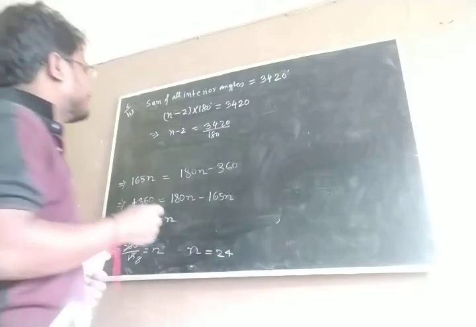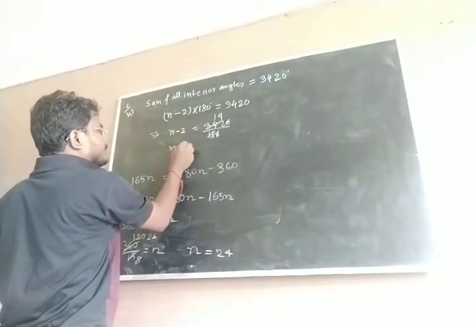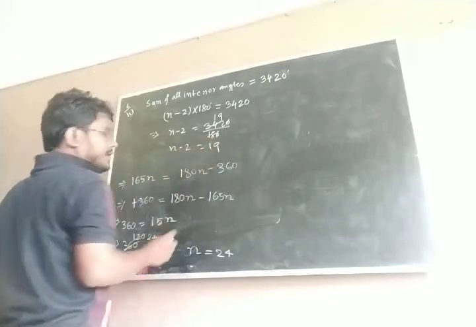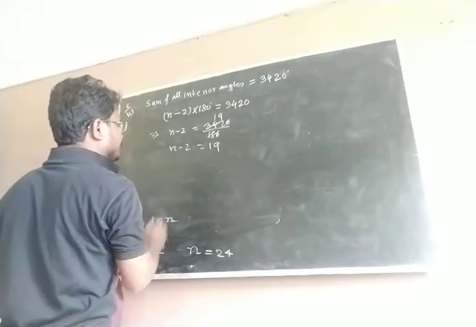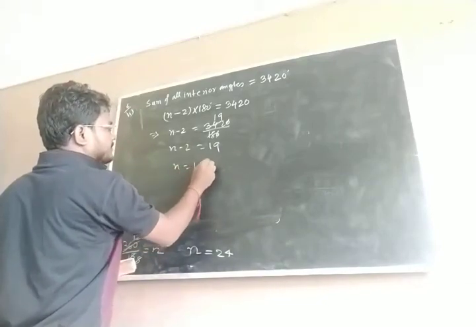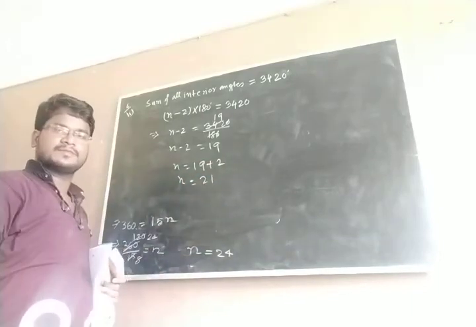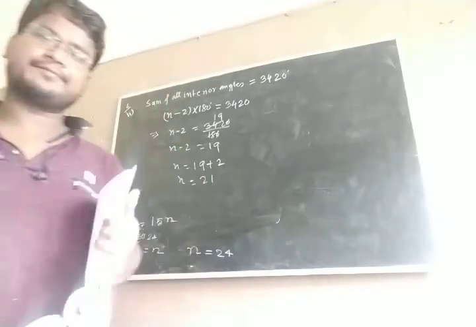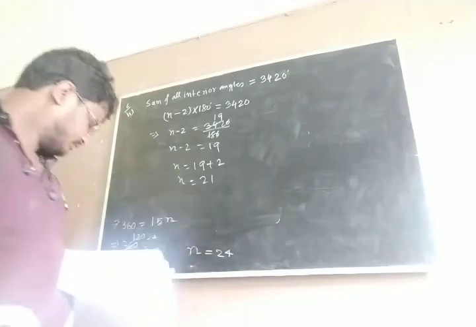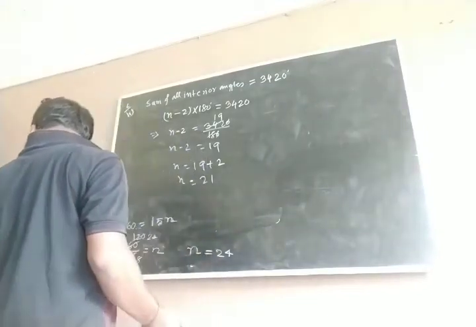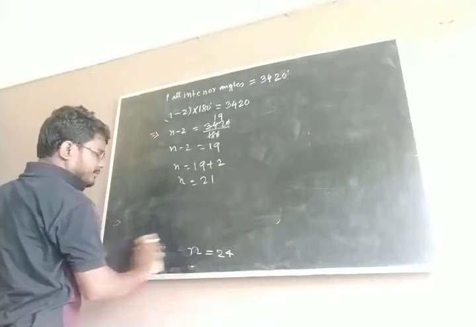Then it will be 19. n minus 2 equals 19. Then n equals 19 plus 2. n equals 21. Okay. Next, number 8. Problem number 8.